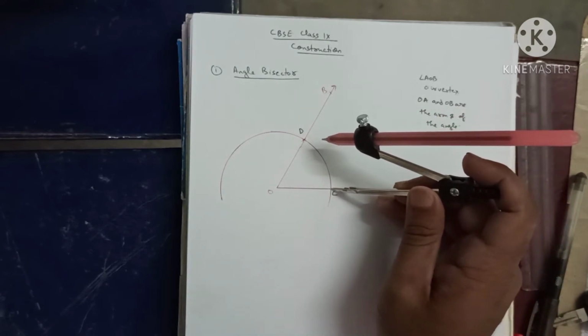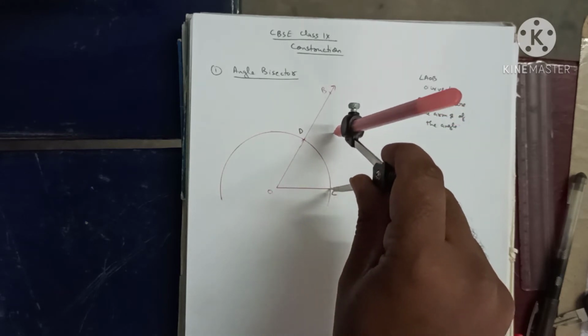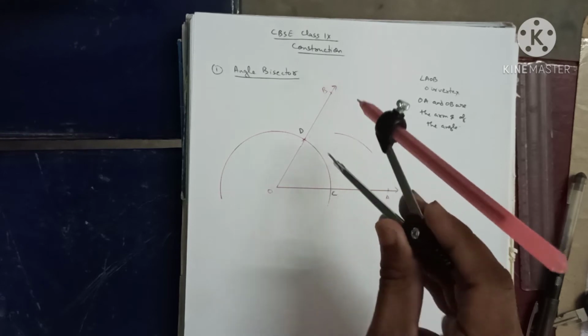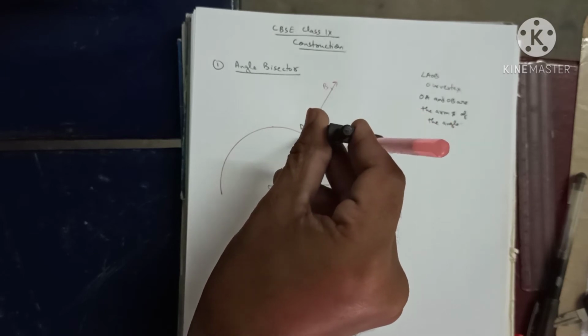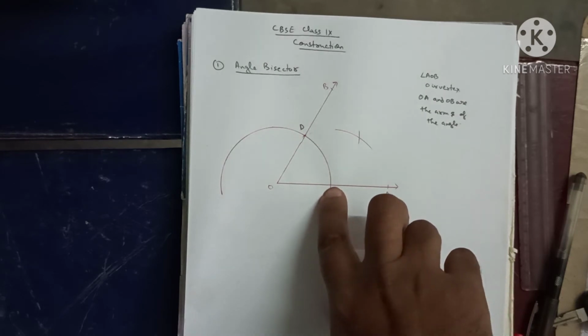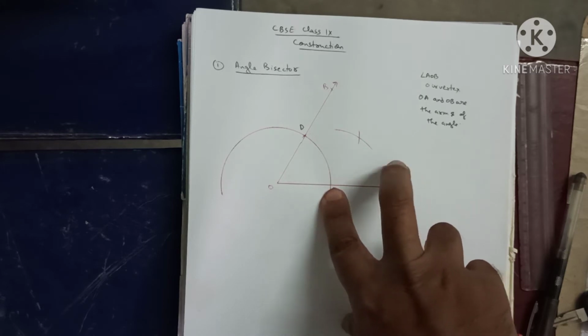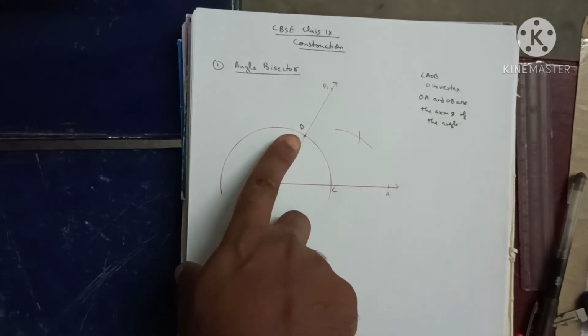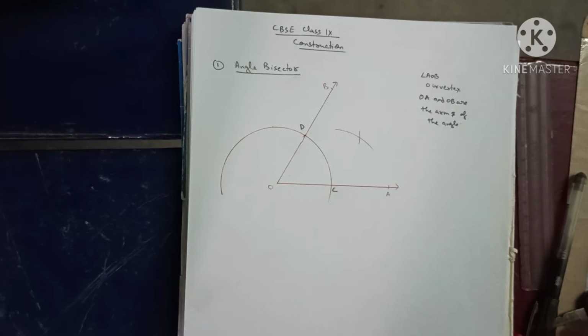Taking this radius, keeping center C, draw an arc like this, and again keeping center D, draw another arc intersecting the previous arc. Name the point of intersection E.